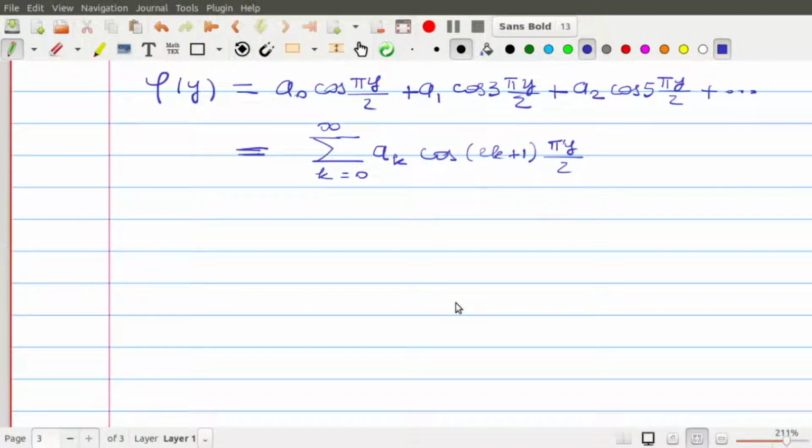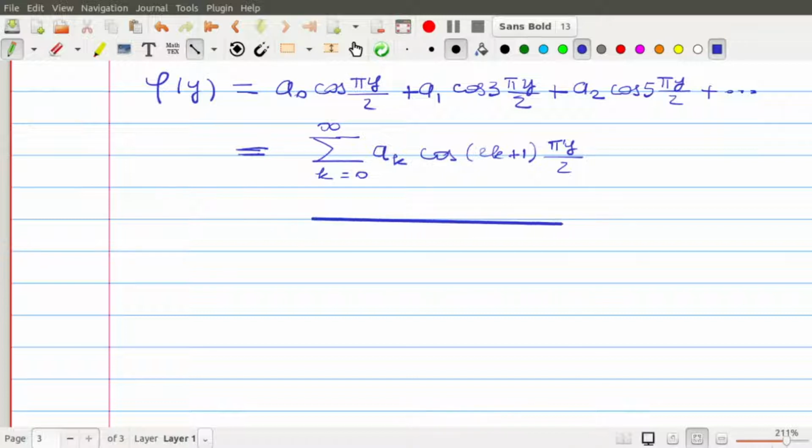So our function f of x is given to be x by 2 for x in the interval negative pi, pi, and we are told that the function is extended periodically.